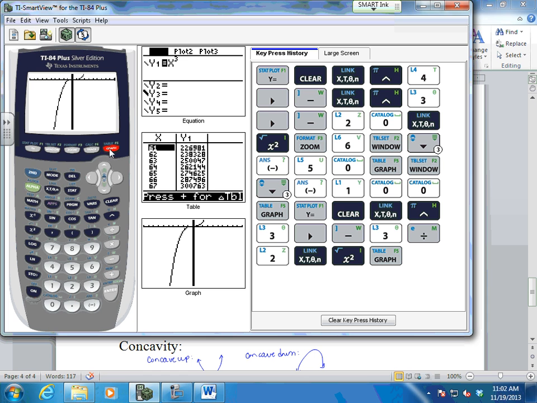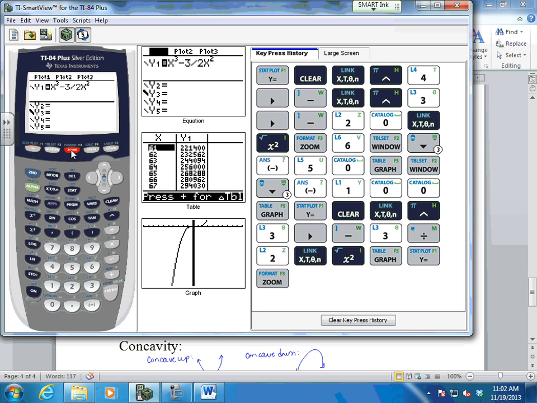We could do a zoom 6. I'm not really seeing this come down. Let's see what's going on here. X cubed, let me do a zoom 6 on this and see if that helps see it a little bit better. See it come down very little? You might want to lower your window just to see what's happening here.